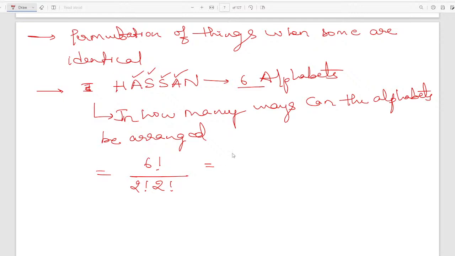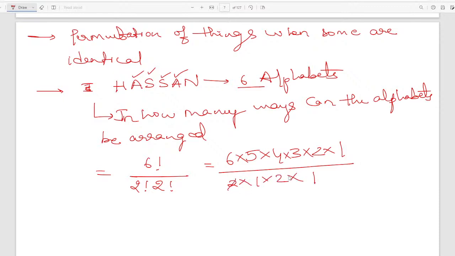So this would be 6 into 5 into 4 into 3 into 2 into 1 divided by 2 into 1 into 2 into 1. 2 and 4 cancel. 5 into 6 is 30, 30 into 3 is 90, 90 into 2 is 180. This is 180 ways in which the word HASSAN can be arranged.